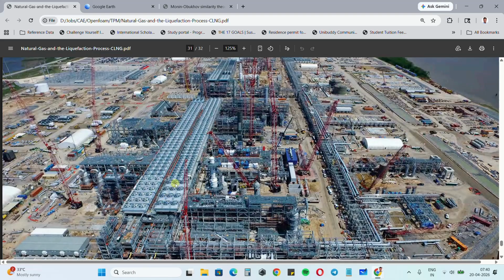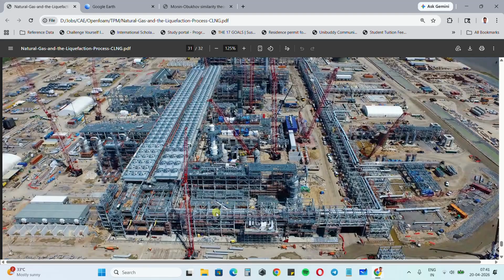The ones you see here with many fans are heat exchanger stacks, and they work over different temperature ranges. Some might be cryogenic, some might be a pre-cooling stage, and so on. These are some of the standard structures that you find, and you have some supporting buildings in between.